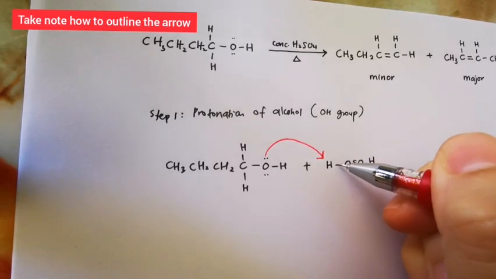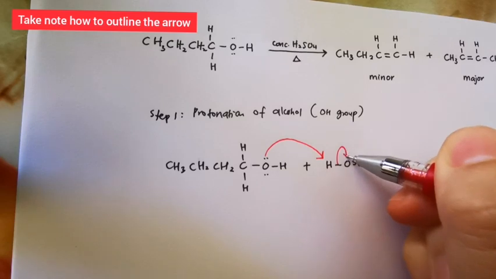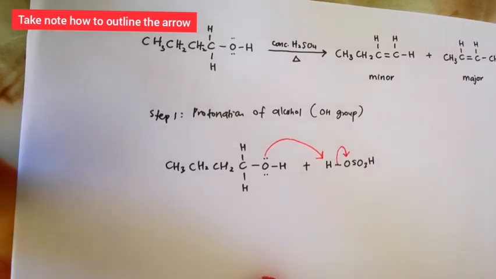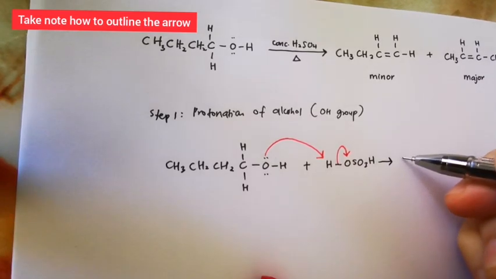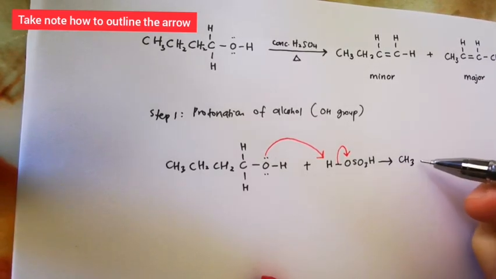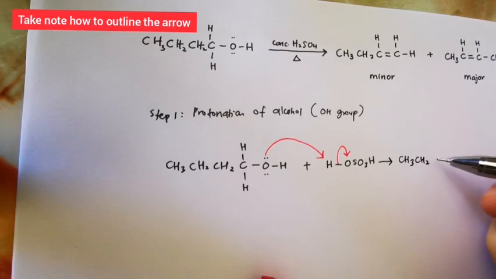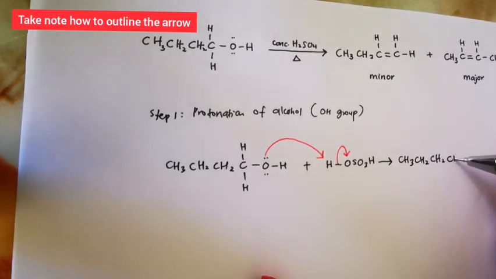One bond consists of 2 electrons. These 2 electrons will go to the O. So what we will get here is CH3, CH2, CH2, OH2.